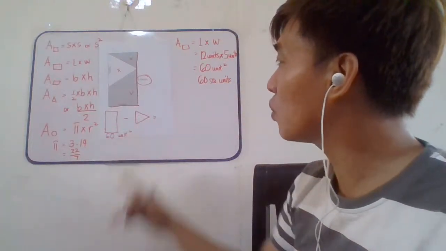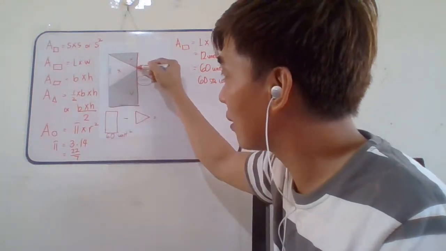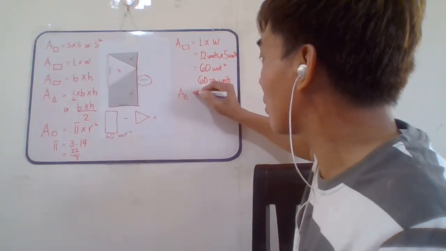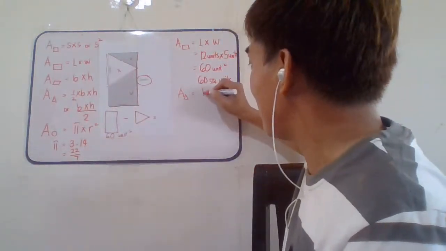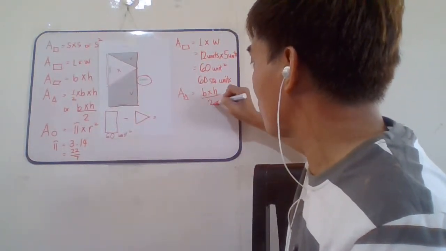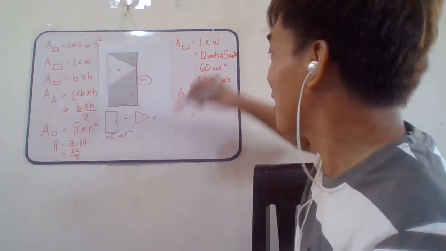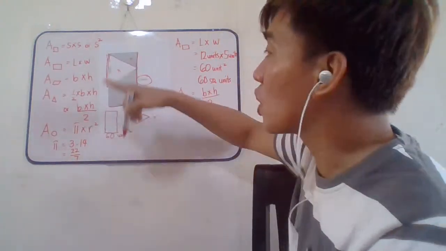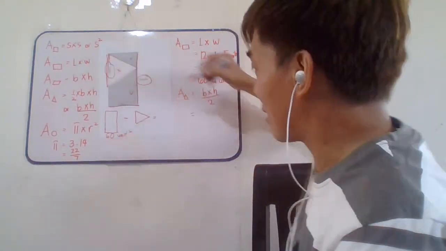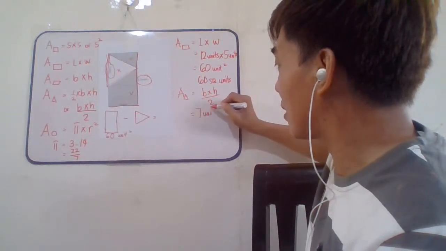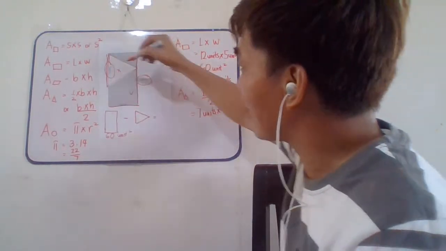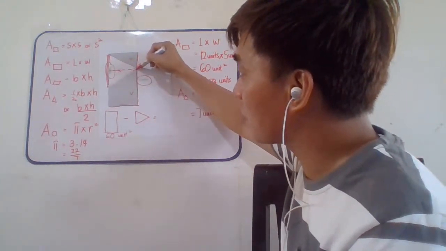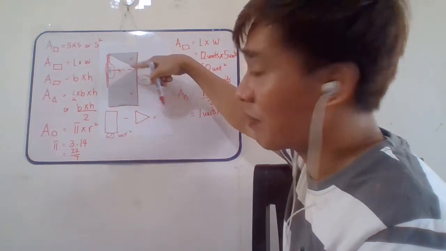The next thing that we have to do is to get the area of this triangle. The area of the triangle is base times height divided by 2. The base here is this one, so the base is 7 units, times the height, from the base perpendicular to the tip or the other vertex.